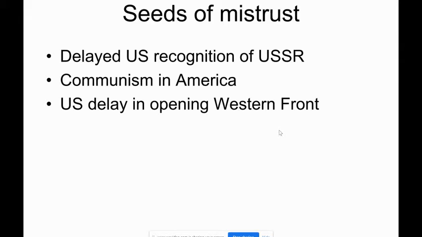Remember that in the early 1940s, Hitler had violated his non-aggression pact and invaded the Soviet Union. From that time on, literally we're talking about '41, '42, Stalin is begging the Allies to open up a second front to relieve the pressure that he's feeling from the invasion of the Germans. And the Allies kept saying, no, we're not ready. We cannot do that. And so this also caused a certain amount of mistrust and bitterness on Stalin's part towards first the Allies, but then in particular later on the United States.